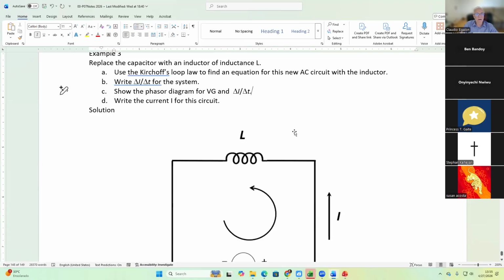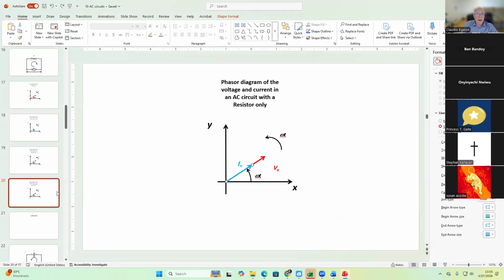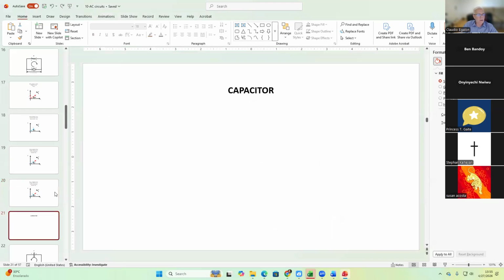We can look at that too. Let's see if I already have that. This is the phasor diagram for the currents, right?